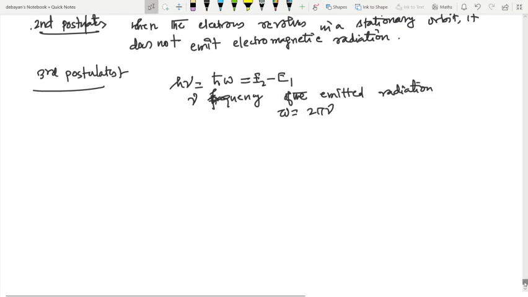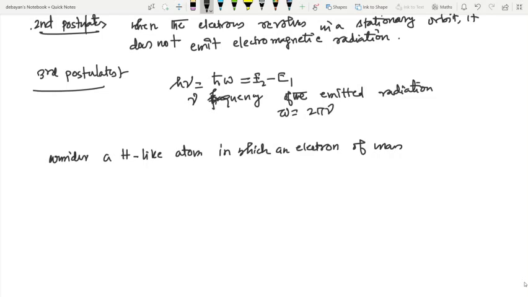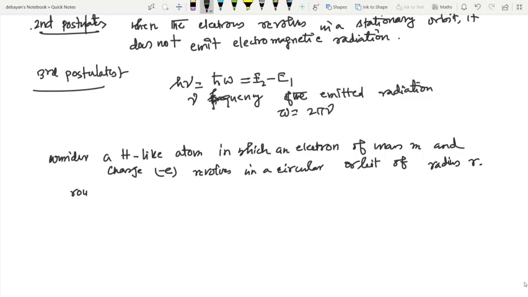So if we want to find the Bohr orbit, we consider a hydrogen-like atom in which an electron of mass m and charge e moves in a circular orbit of radius r around the nucleus of charge plus Ze.